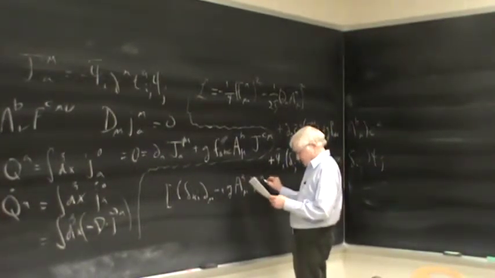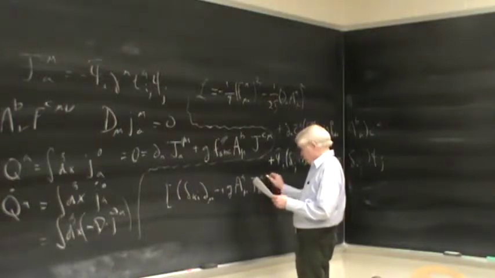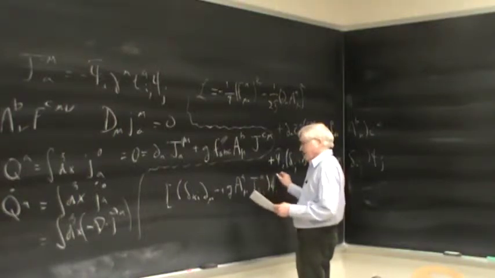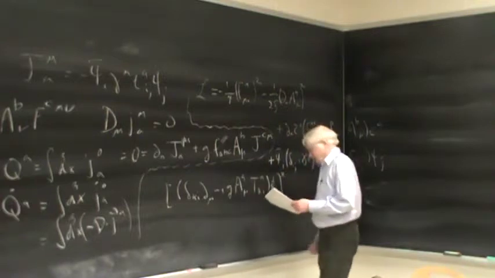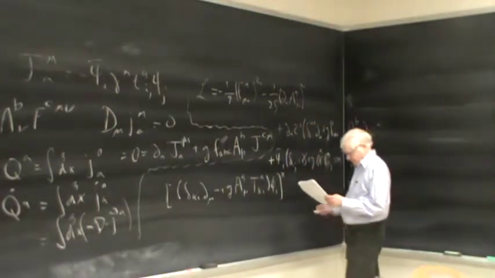So then we have T a, k i, phi I, and then this whole thing complex conjugated, adjointed, whatever you want.